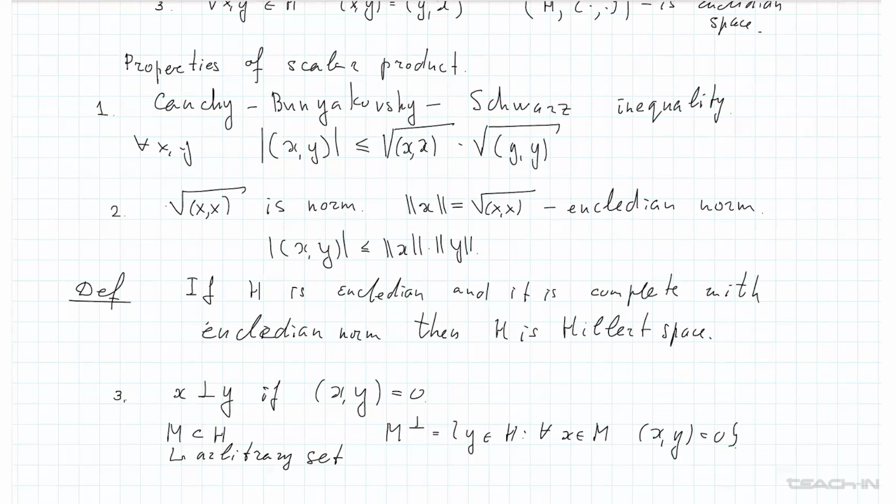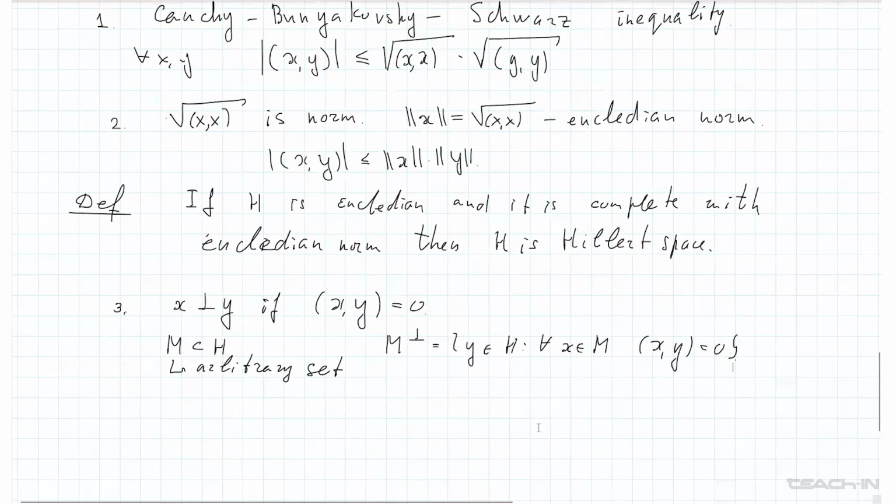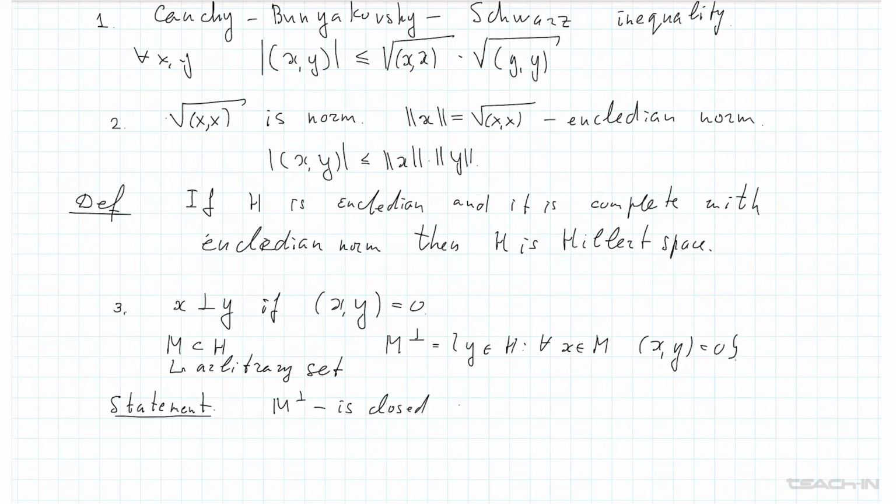In real space we can define the angle between vectors. In complex space we cannot, but orthogonality exists. And a very easy statement, I think I don't prove it, you know it: for any set M, the orthogonal complement is a closed linear subspace.